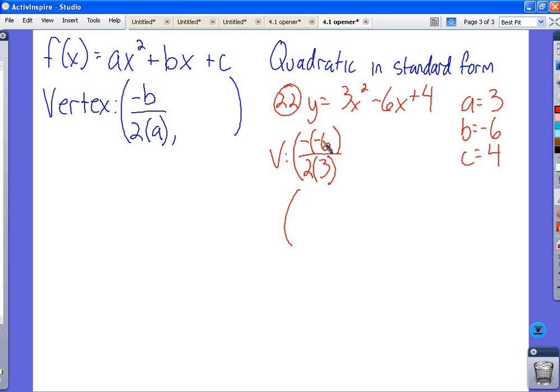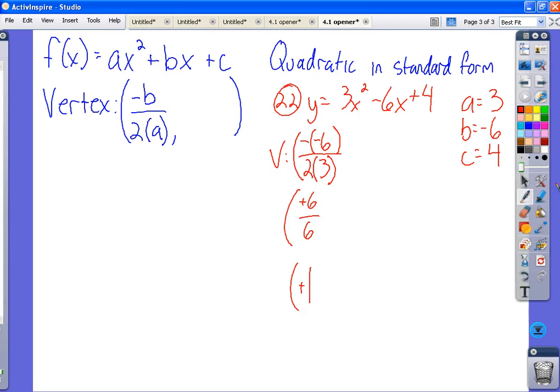We get negative 6 over 6. That's just negative 1. Oh, yes. Positive 6. Positive 6 over 6. We get a positive 1. Well, that's the x part of the vertex. It's nice that there's that little formula that tells us that.